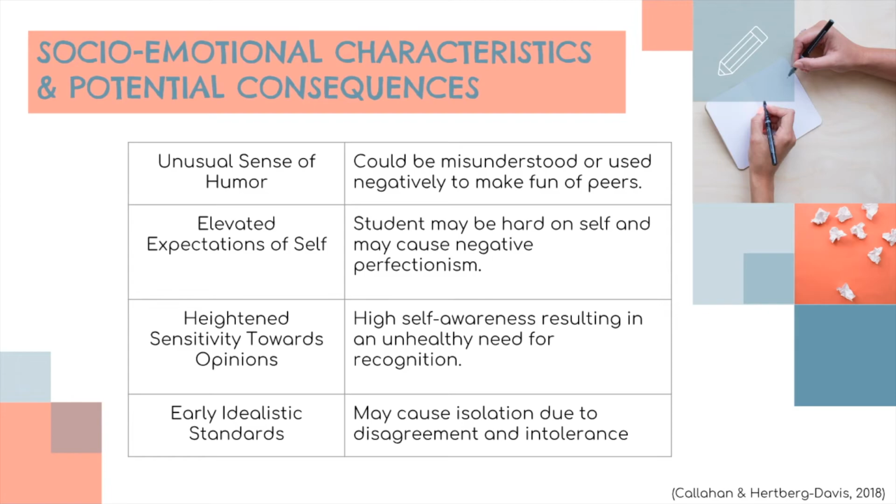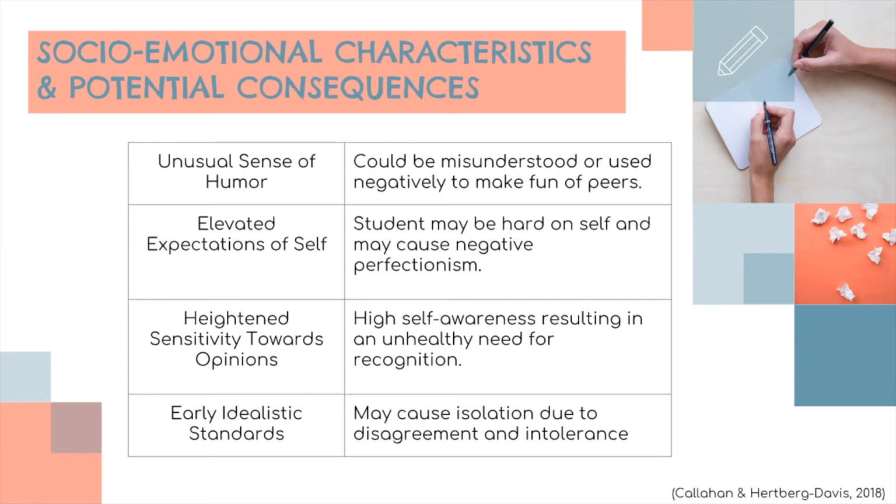Another socio-emotional characteristic that could have potential negative consequences is a heightened sensitivity towards the opinions of others. This could result in high self-awareness and an unhealthy need for recognition.